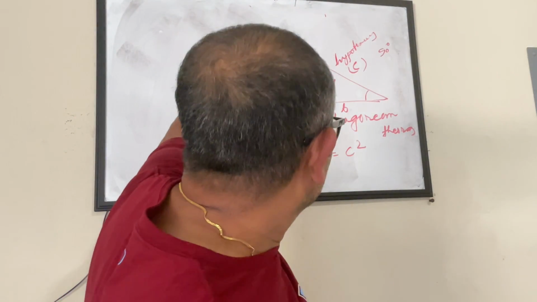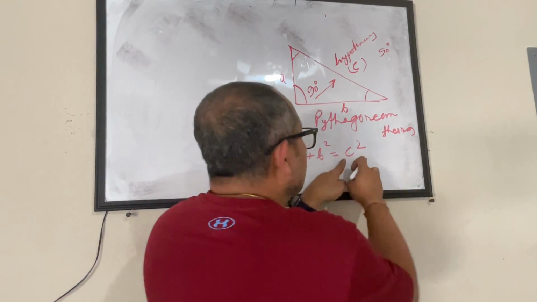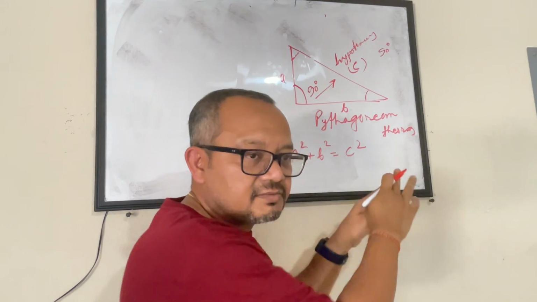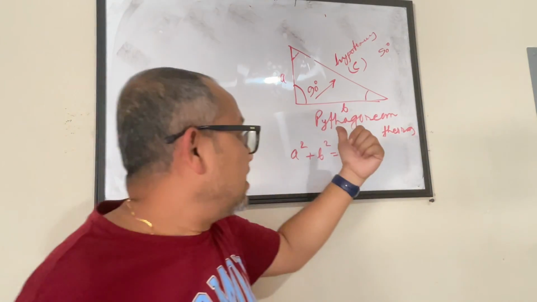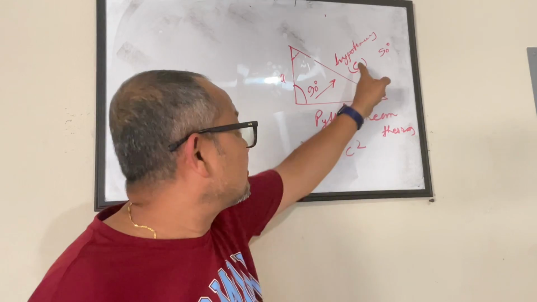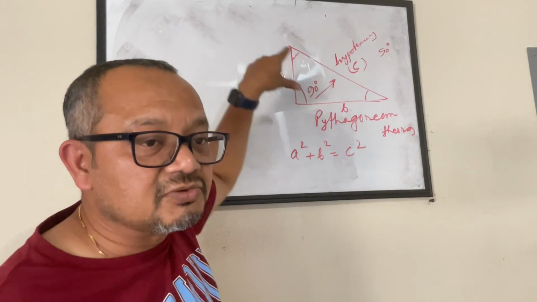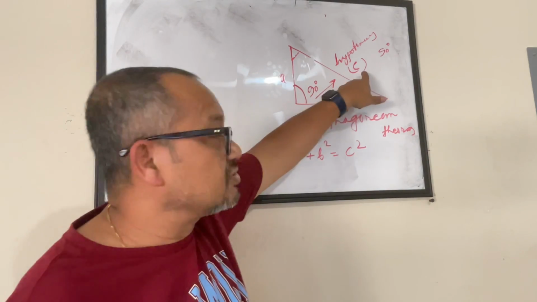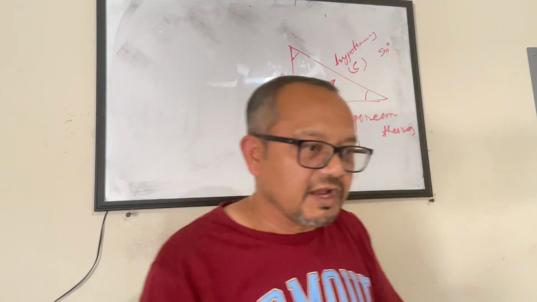Meaning the sum of the squares of the two sides making 90 degree will be equal to the square of the hypotenuse. You can choose how you want to remember this, but I'm sure you already have found your way. Pythagorean theorem says a squared plus b squared equals c squared, or the sum of the squares of the two sides making 90 degree is equal to the square of the hypotenuse. This part is clear, right? Up to this much I can assume and move on.